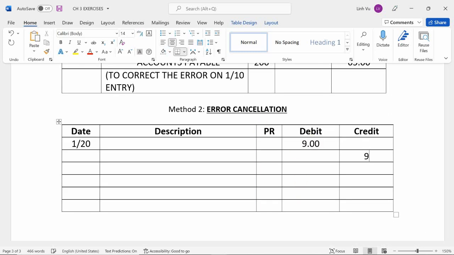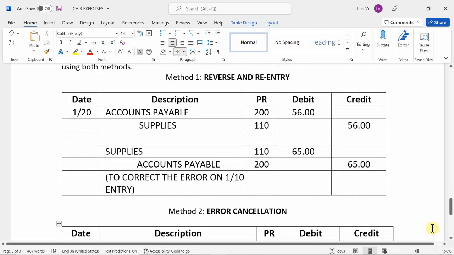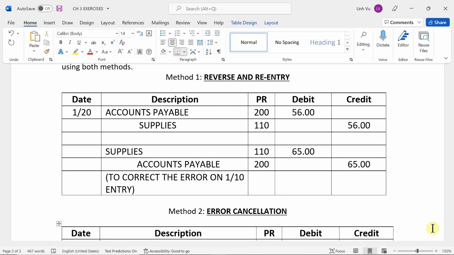I am missing $9 somewhere. My original journal said I had 56, but in reality I need to have 65. So which account is over and which account is under? Am I $9 over in my supplies, or am I $9 less?